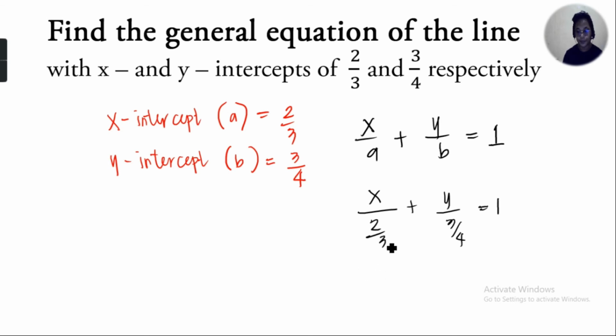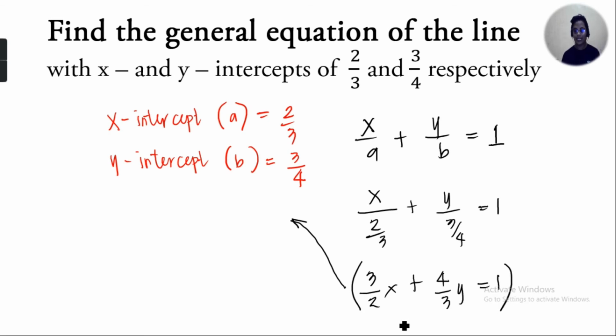Then, reciprocal of 2/3, so magiging 3 over 2x plus 4 over 3y is equal to 1. Then, multiply tayo ng LCD ng 2 and 3, so 6.